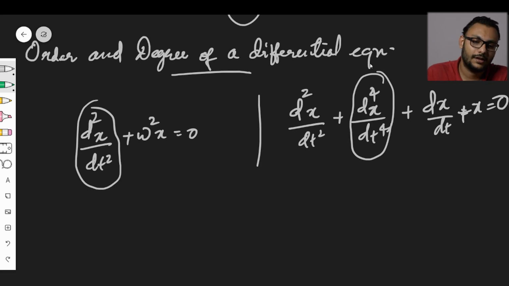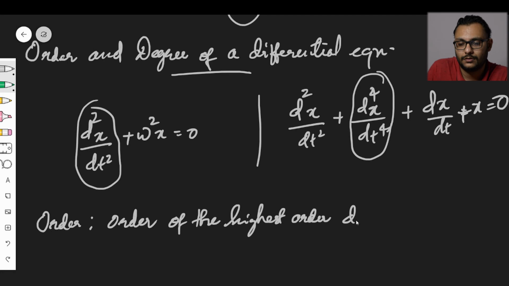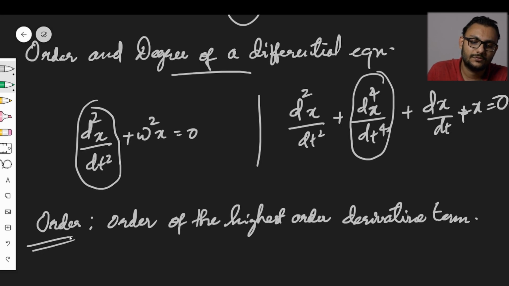So we can finally say that order is simply the order of the highest order derivative term. This order stands for the order of the differential equation we are considering.